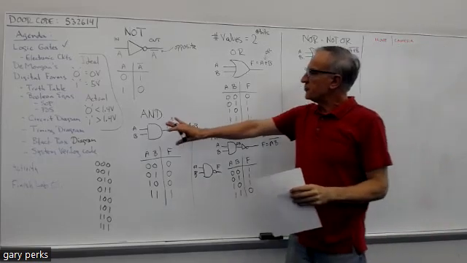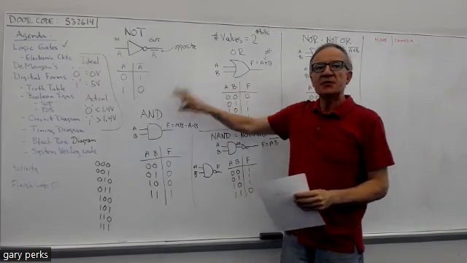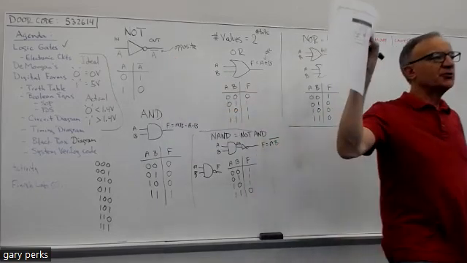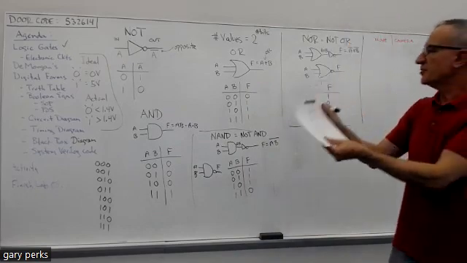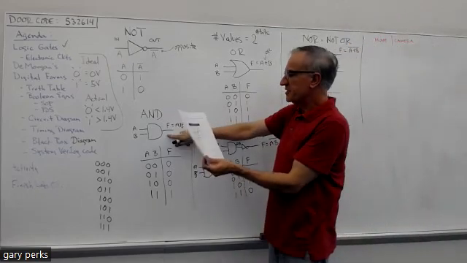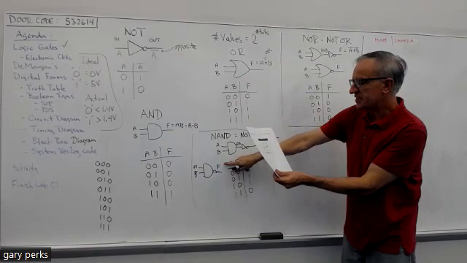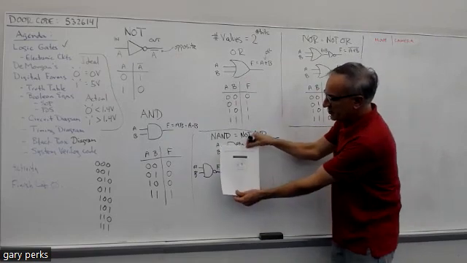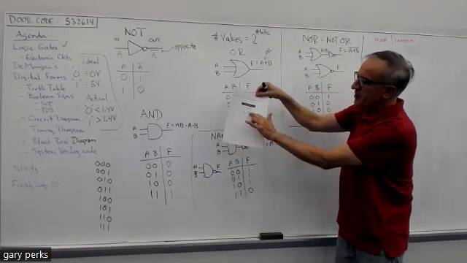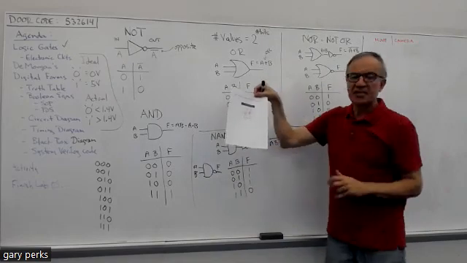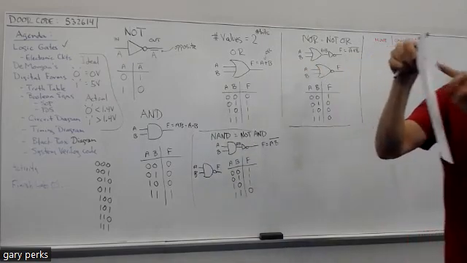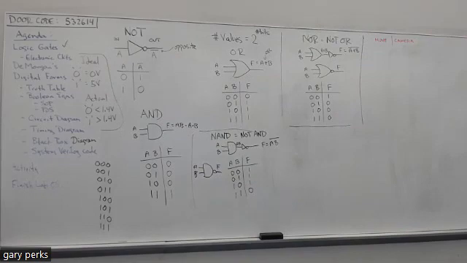But I just want you to realize that these symbols represent actual circuitry. So this symbol of this NAND gate represents a circuit that has a transistor, a couple of diodes, and a couple of resistors. Now, this isn't the only circuit that can give you a NAND gate. There's other circuitry, but this is an example of a NAND gate circuit.